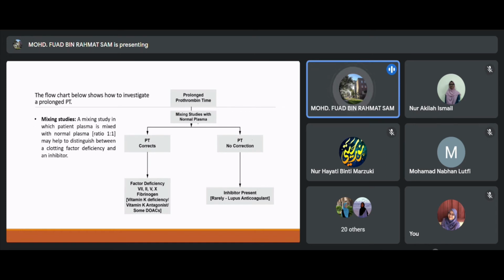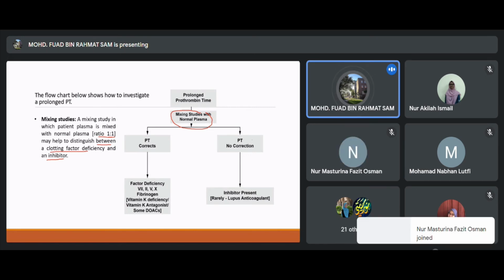Okay, so ini mixing study, kita tambahkan patient plasma dengan normal plasma ratio 1:1. Kita nak identify, bila dah tambahkan dengan normal plasma, this correction study kita boleh distinguish between a clotting factor deficiency ataupun dia indicates the presence of an inhibitor in the patient's plasma.